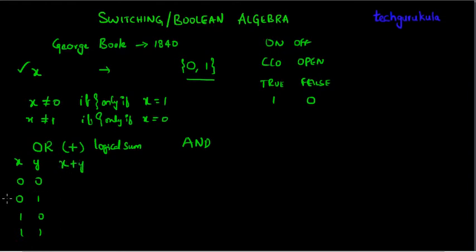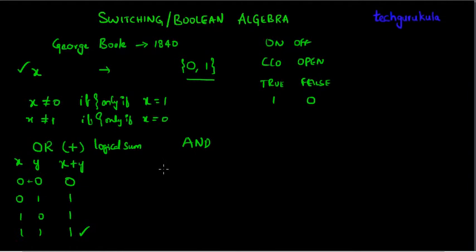What is the result? 0 or 0 gives 0. 0 or 1 gives 1. 1 or 0 gives 1. 1 or 1 is not 1 plus 1, because here it is logical plus, not actual sum. So 1 plus 1 logical OR is 1. This is the fundamental difference between normal arithmetic algebra and switching or Boolean algebra.